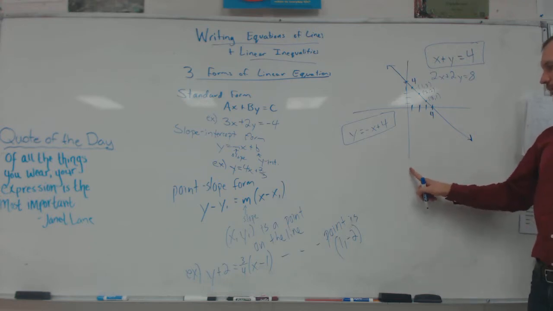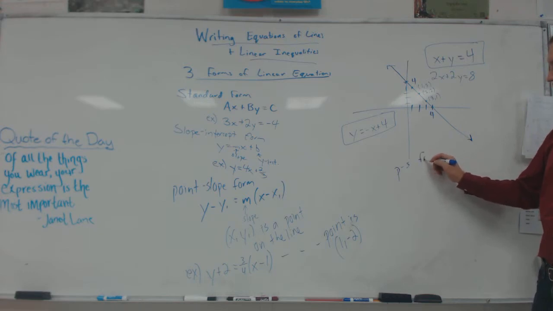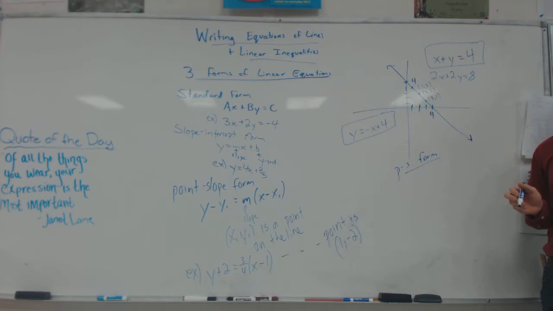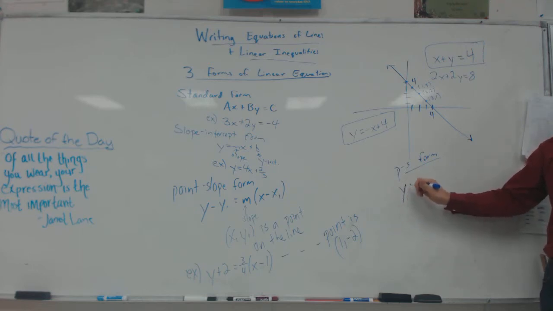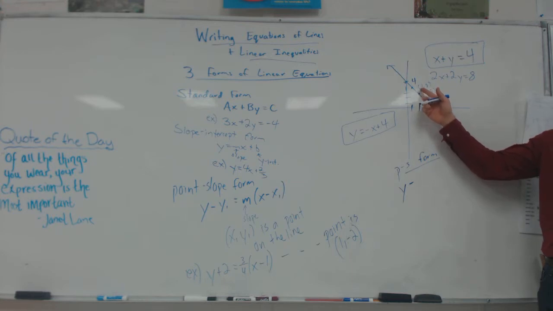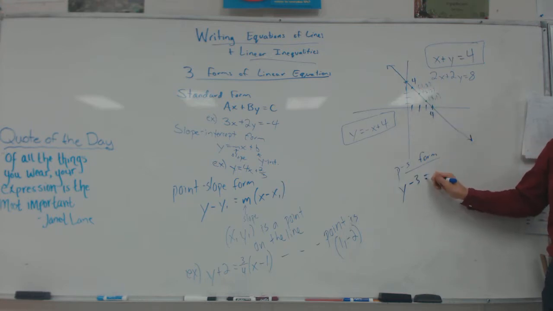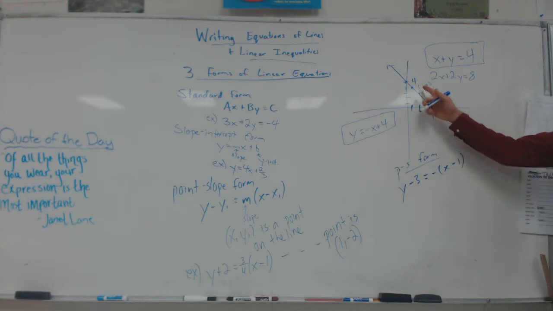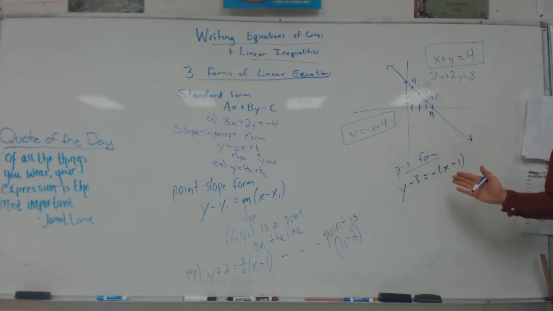Now point-slope form. How many ways are there to write a point-slope equation for this line? How many ways can you think of? So we have y minus, let's use this point, 3 equals negative x minus 1. That's an equation using that point, my slope of negative 1.